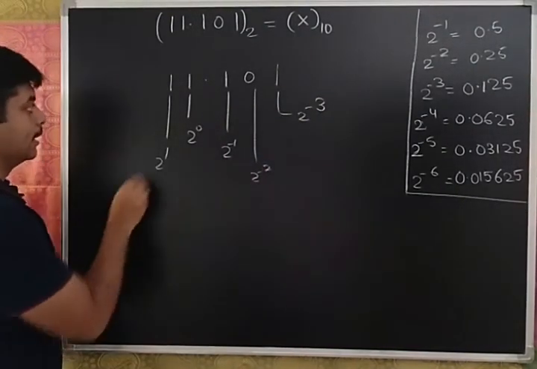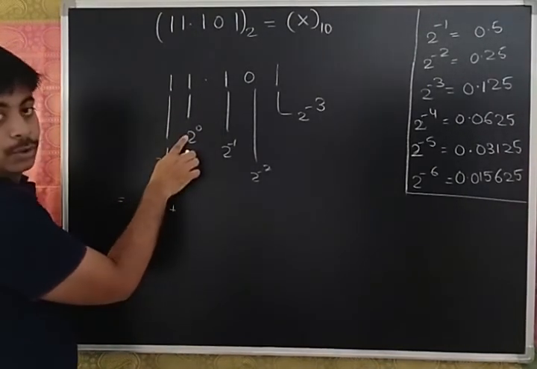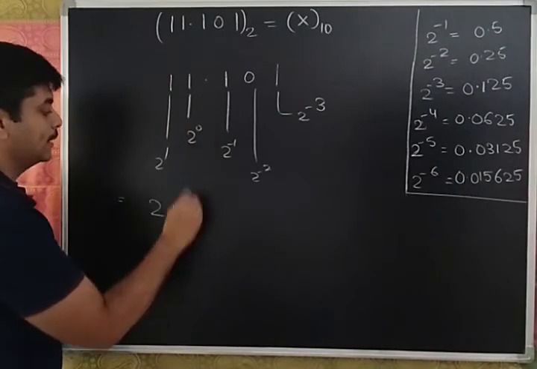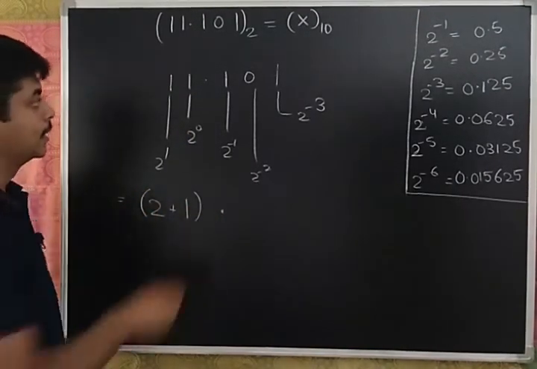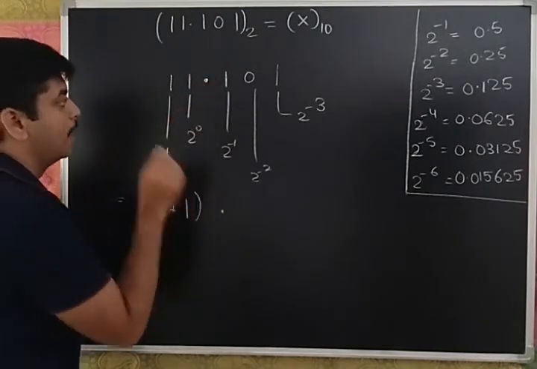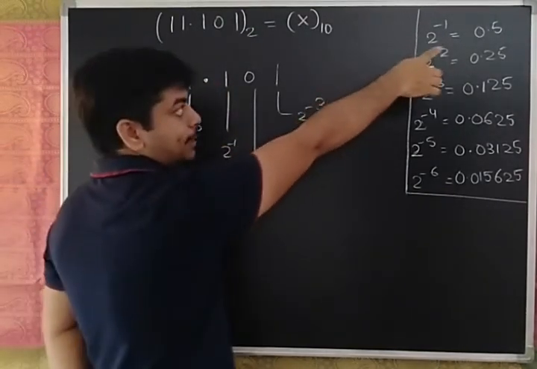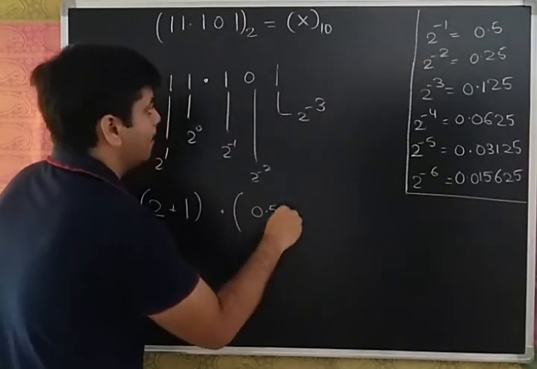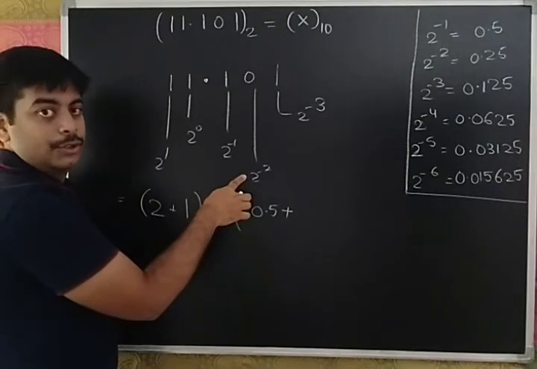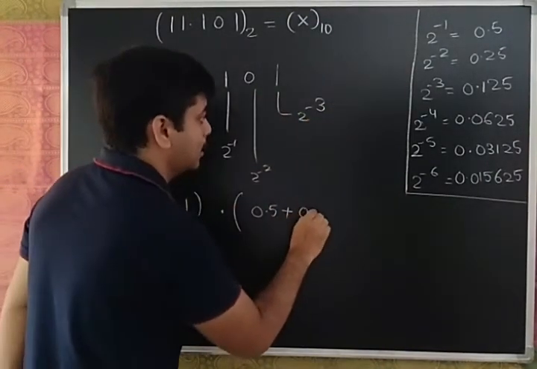Correct. So this is equal to 1 into 2 power 1, which is 2, plus 1 into 2 power 0. 2 power 0 is 1, so 1 into 1 is 1. Point. This point will come here. This one, 1 into 2 power minus 1, is 0.5, plus 0 into whatever, you can ignore that, and 1 into 2 power minus 3 is actually 0.125.